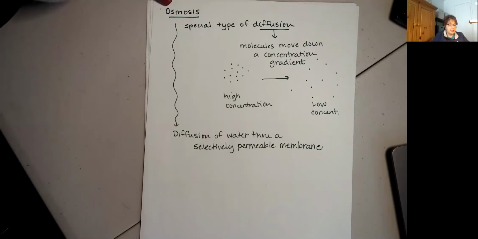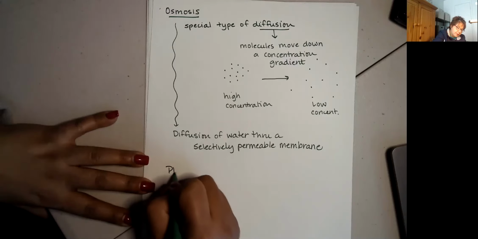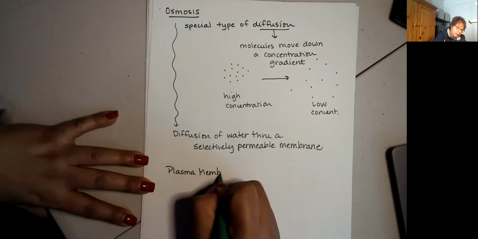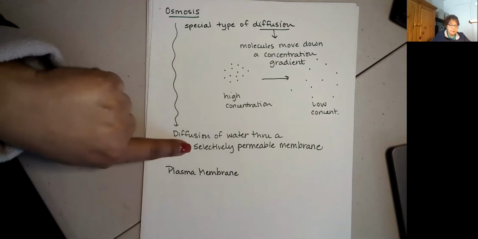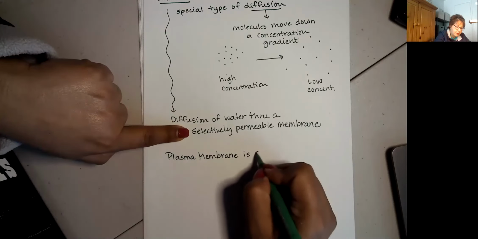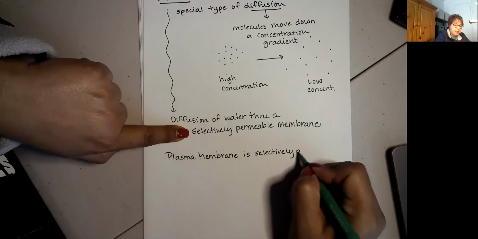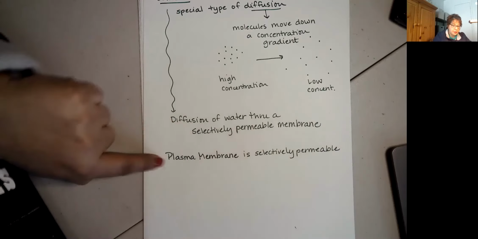The way things get in and out of the cell is through the plasma membrane. If we look at the plasma membrane of the cell more closely, we'll find that it's an example of something that's selectively permeable. That means some things can pass, but others cannot.